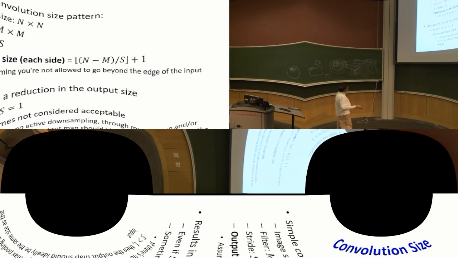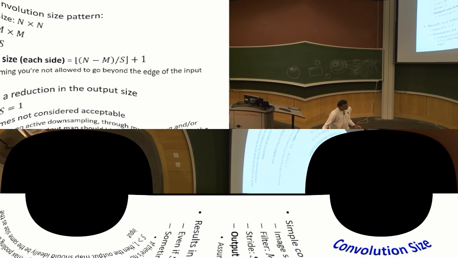So this results in a reduction in the output size. Even if s is 1, the size is going to reduce because you can't run off the edge. And in some cases, this might be unacceptable. For example, suppose you're doing some processing of some input, and then after all of those convolutions, you want to look at what you get and think of it as being representative of the input.